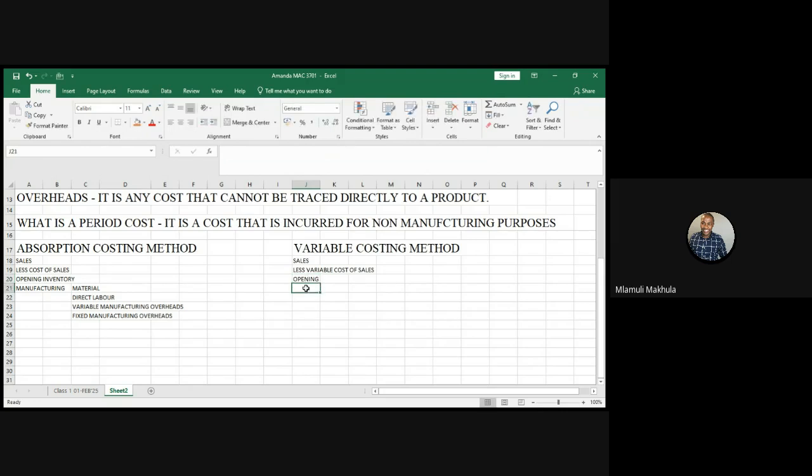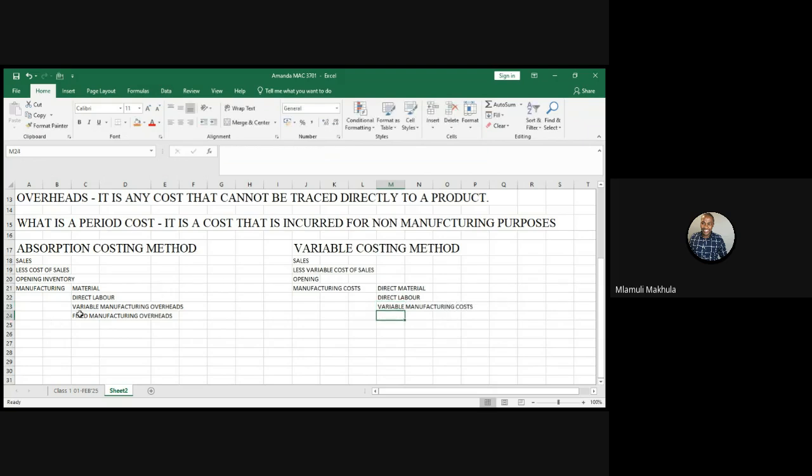And then this side, you'll have your opening, and then your manufacturing costs. Your manufacturing cost will include your direct material, direct labor, and your variable manufacturing costs.